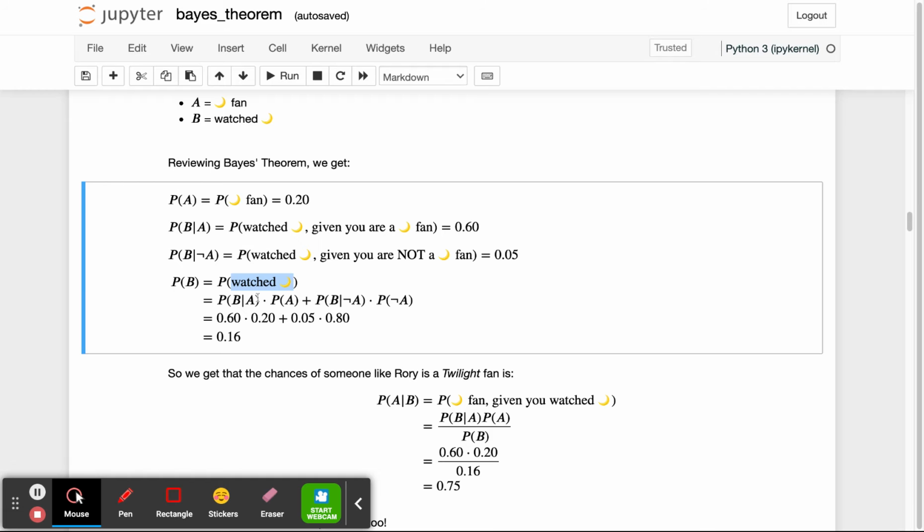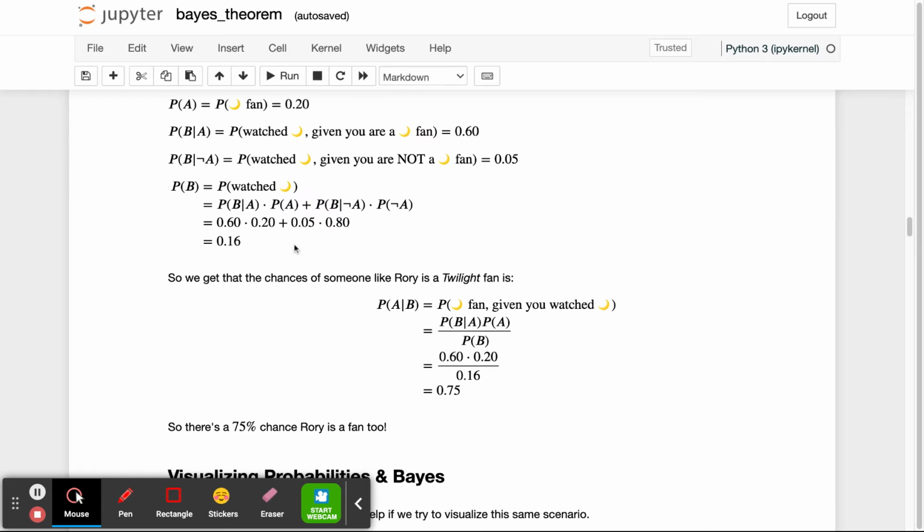So that will be the probability of having watched the film, given that you're a fan, times the probability of being a fan, plus the probability of having watched the film, given that you're not a fan, times the probability of not being a fan. So we find this product and that product, and we sum them all together, and so we get 0.16. So the probability of having watched a film is 16%.